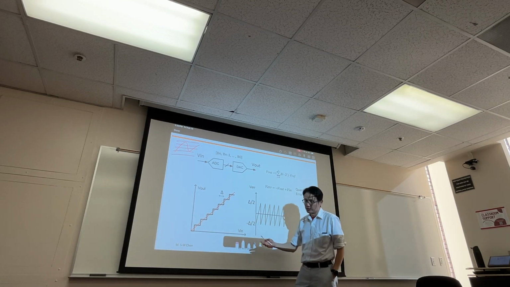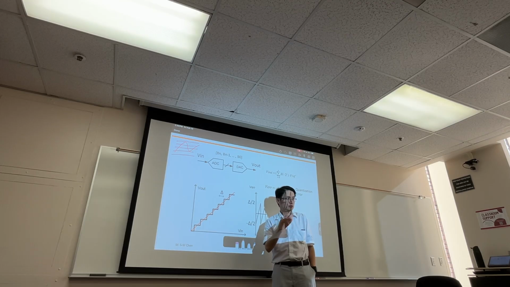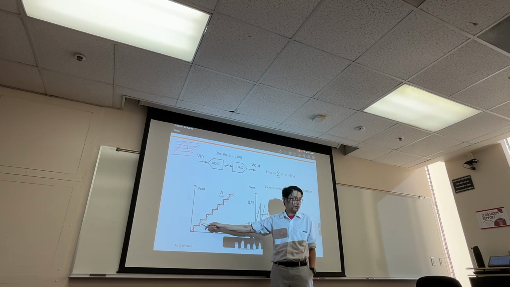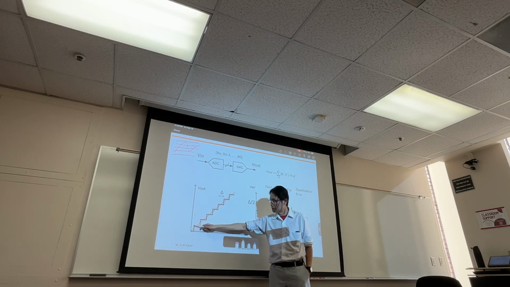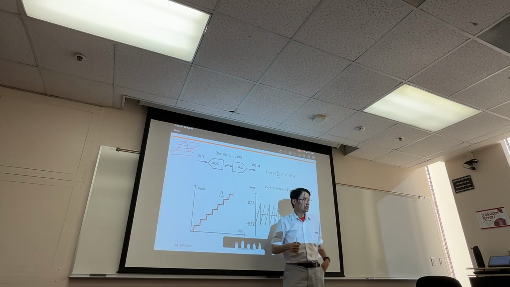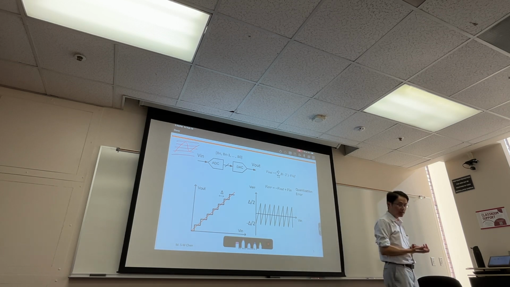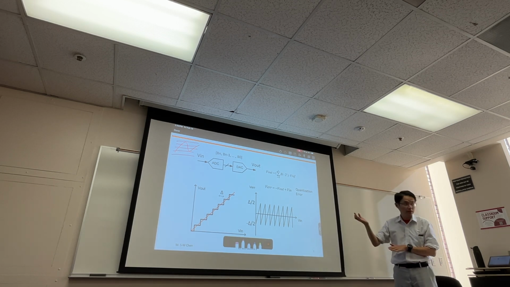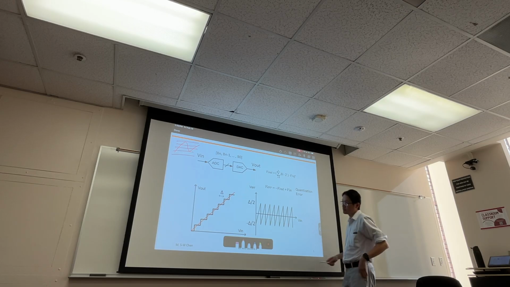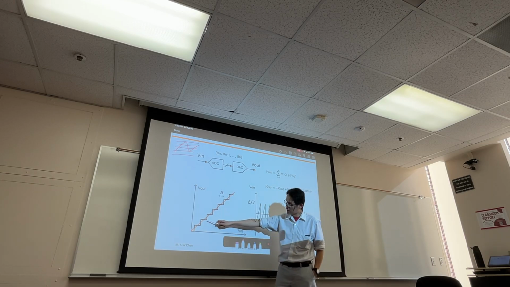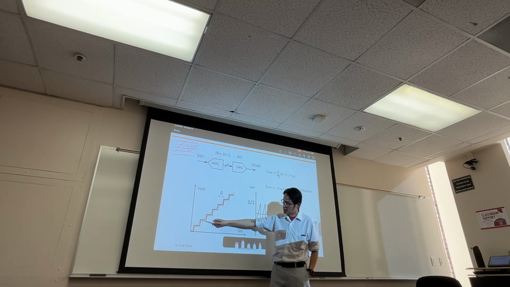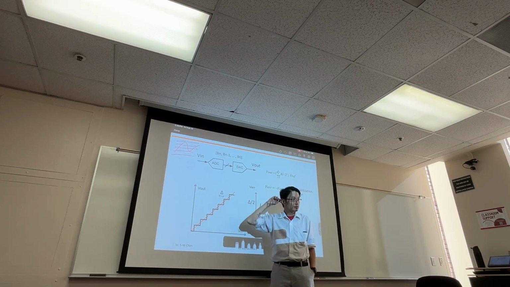So we need to define the error, and the definition is super simple. You look at the perfect line, which is the red line, and you look at the actual black staircase. You look at the difference, and that's your error. So what's the error? If I look at the delta, do you agree that sometimes the error is positive, sometimes the error is negative, and in fact some errors are 0?